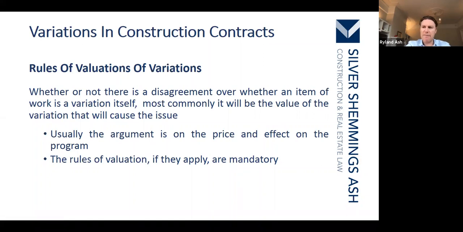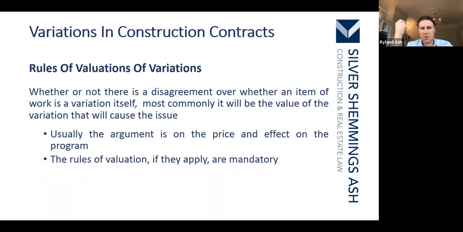In terms of the effect of the variation on the program, under the JCT that is considered to be a separate issue, in that there are separate provisions for delays in the relevant events section of the contract. But my own view is that practically parties should be continually looking to link variations with the program.